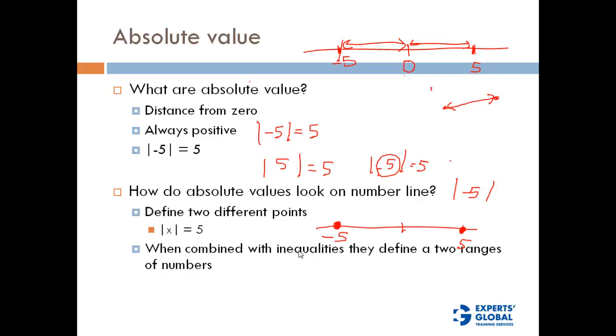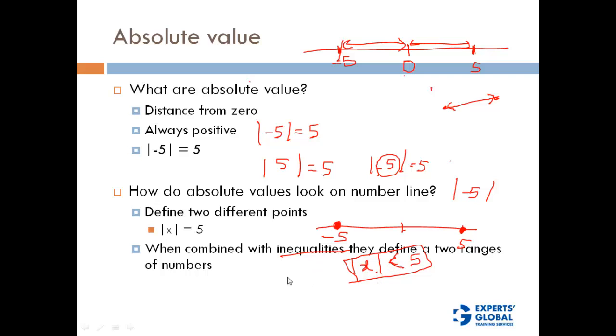But when they are combined with inequalities, okay, so we know that inequalities is a range of points, right? So when we have absolute values and inequalities coming together, for example, let's say we are talking about absolute value of x less than 5, right? So we have an inequality sign, and we also have absolute value.